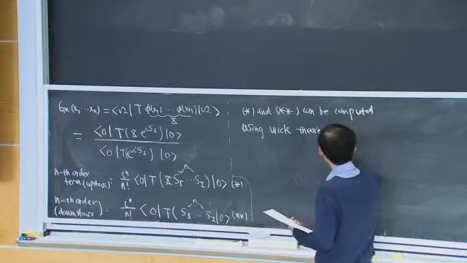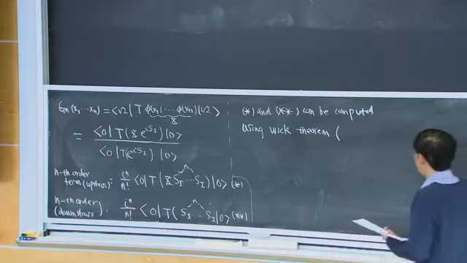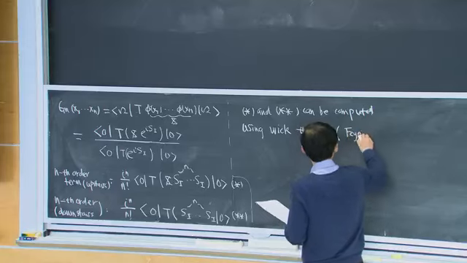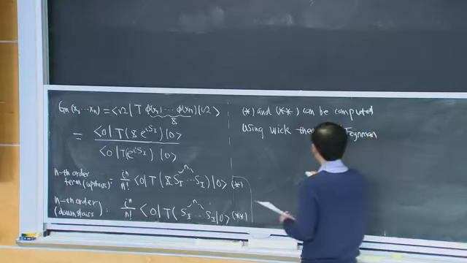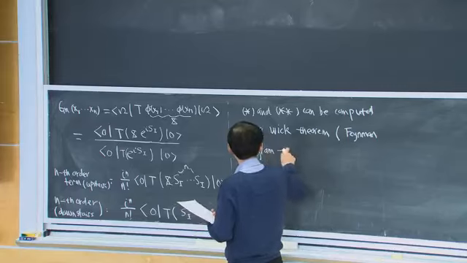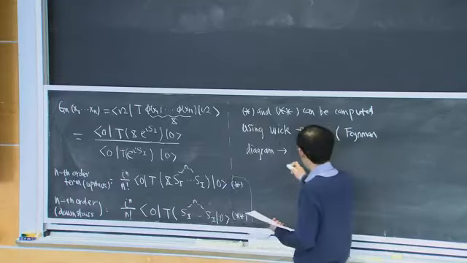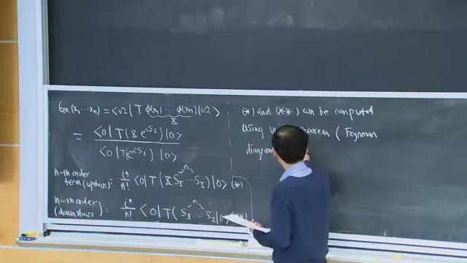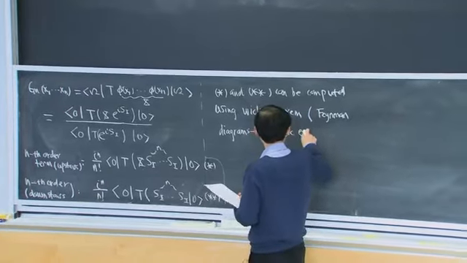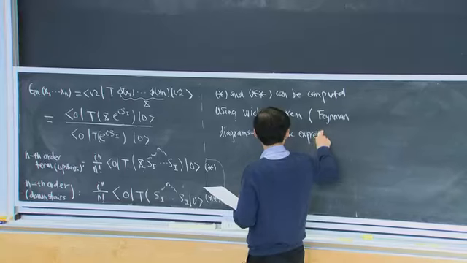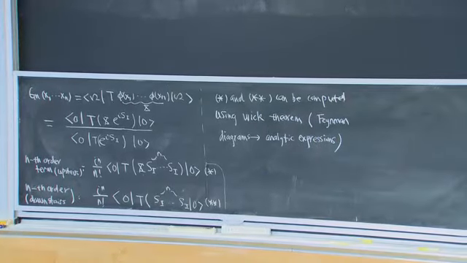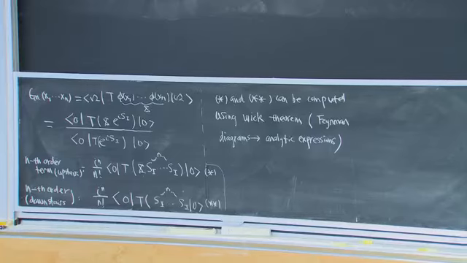But in practice, what we do is that we first draw Feynman diagrams, and then we convert the Feynman diagrams into analytic expressions. So normally we go through this procedure, rather than directly doing the Wick contraction.